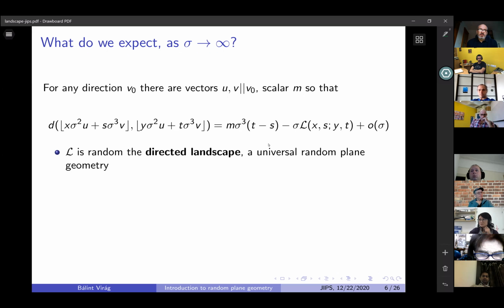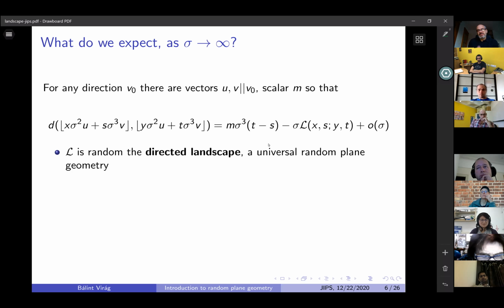So the actual discrete geometry here is roughly some mean term plus some noise, which itself is a geometry. This geometry is called the directed landscape. It was constructed two years ago, and it's some kind of universal random plane geometry. I'm going to talk a little bit about what this looks like, and also how this came about. So that's what this talk is about.